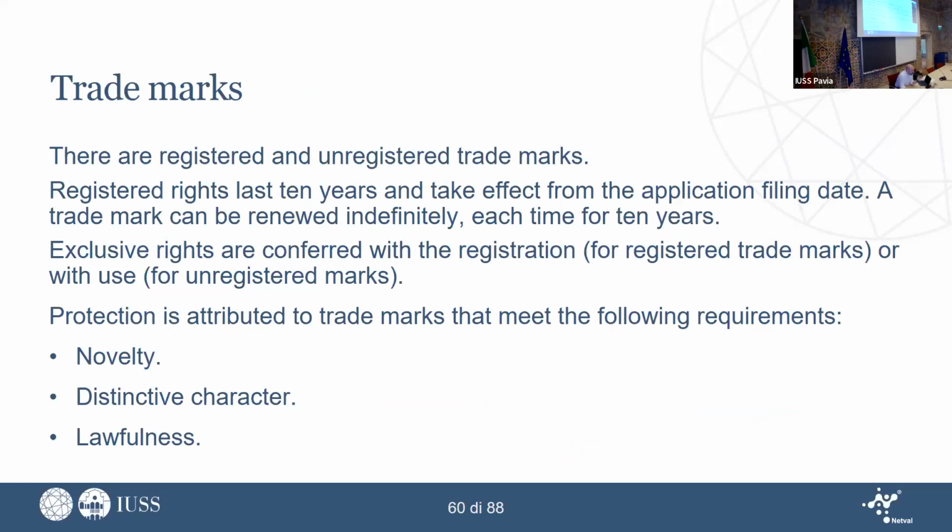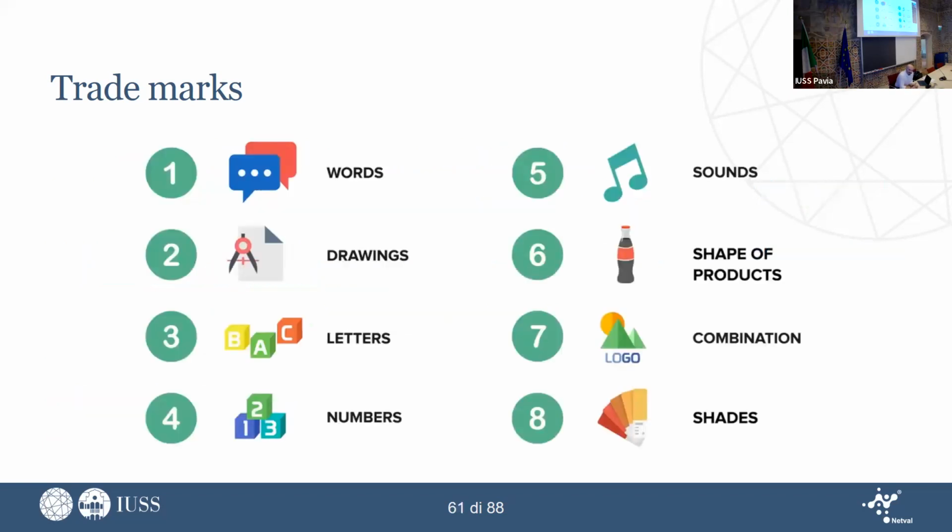Of course, in Italy, we can protect trademarks under Article 7 of the Industrial Property Code. The protection is attributed to trademarks that meet novelty, distinctive character, and lawfulness. A trademark could be not just a word or a name, but also a drawing. They could be letters, numbers, a combination of letters, numbers, images. It could be the shape of a product, like the Coca-Cola bottle.